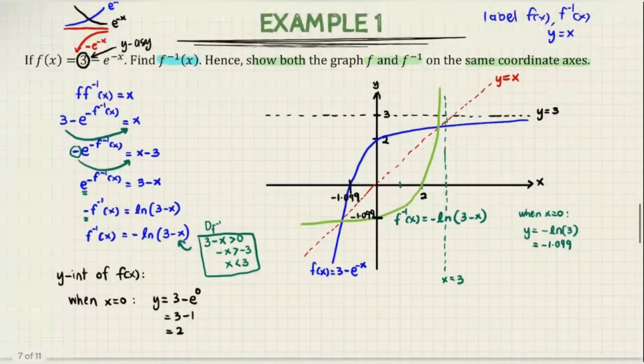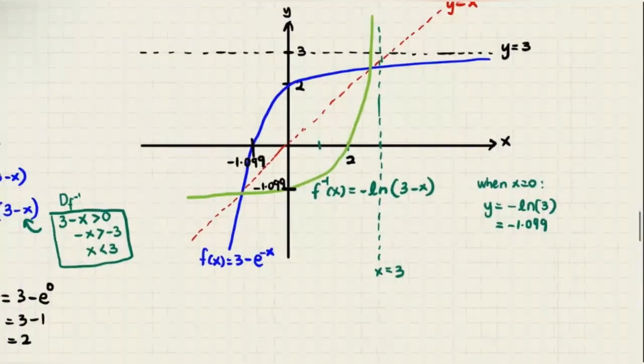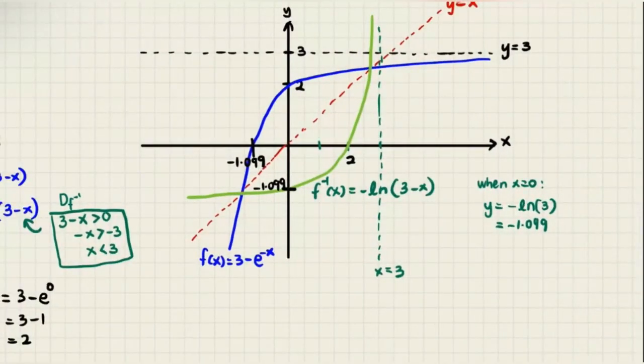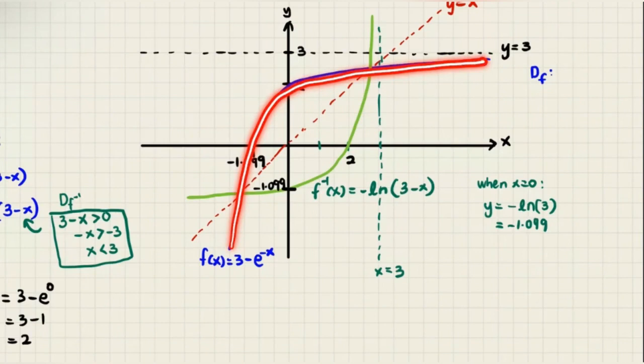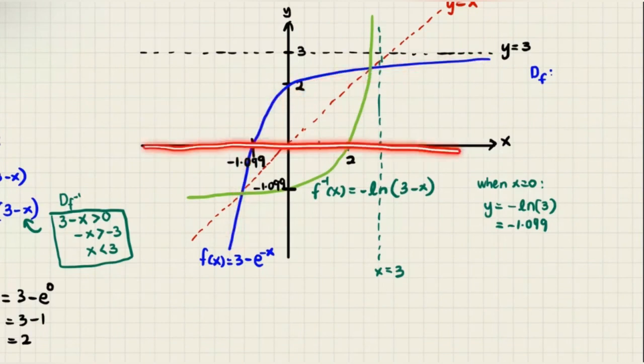Let's say if the question is asking for domain and range, let's look at the blue graph. So the domain for function f, what do we look at? Along the x-axis. Okay, so our graph exists along negative infinity until infinity. So negative infinity until infinity. So that is the domain for f.